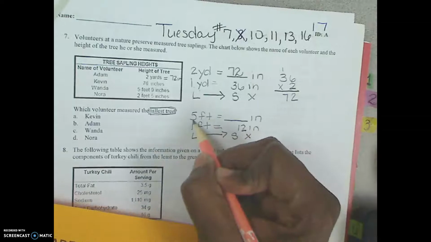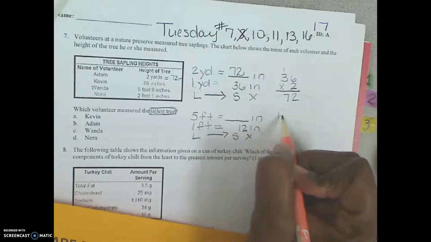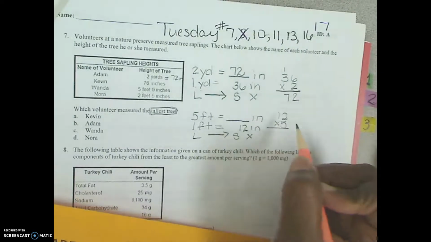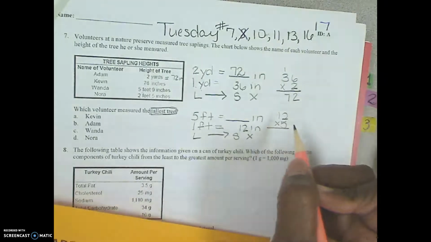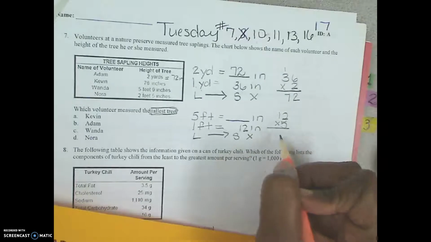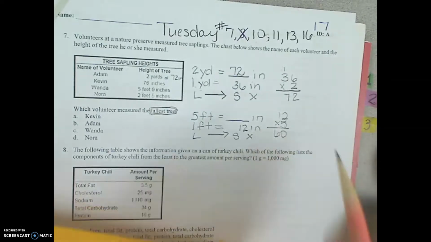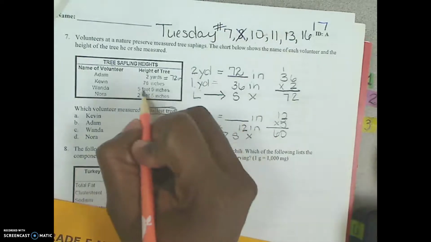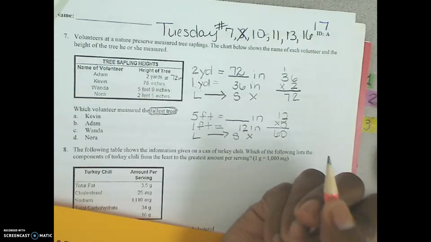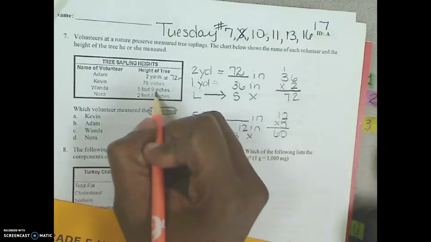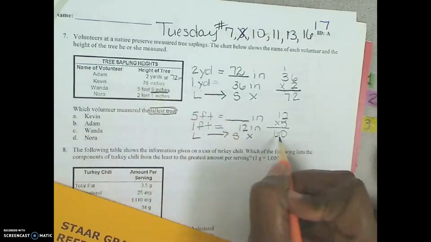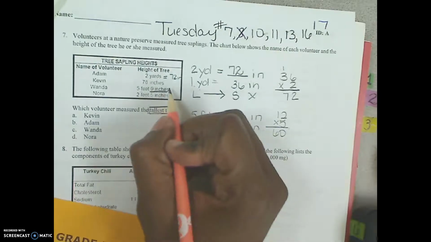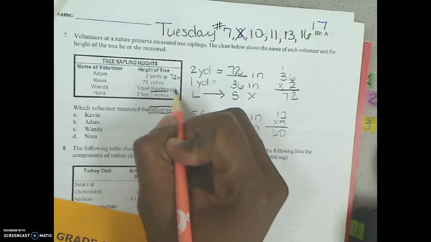So if I have 5 of them, I would have 5 12s. So 12 times 5. And I'm going to go ahead and multiply that. Hopefully you know your 12 facts. And if you do, you should get 60. You're correct. But here's the deal. She had 5 feet and 9 inches. So don't forget to add those 9 inches she already had. So we have, this is 60 inches. So 60 plus 9 gives me 69 inches.